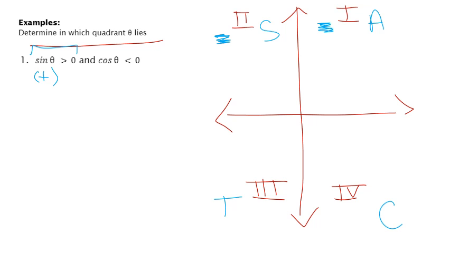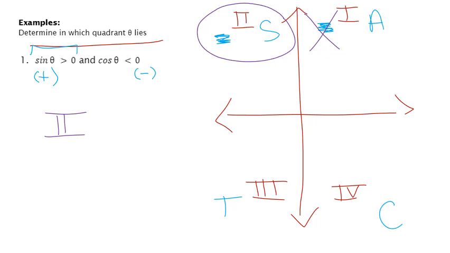And then they tell us cosine is less than 0, so that's saying it's negative. So it can't be quadrant 1 because everything's positive in quadrant 1. So where's cosine negative? That's going to be quadrant 2. So our answer for this one would be quadrant 2, because we know in this quadrant sine is positive, but cosine is negative.